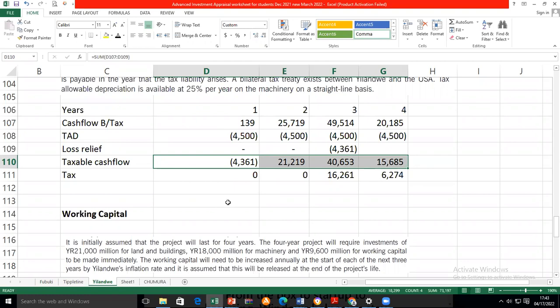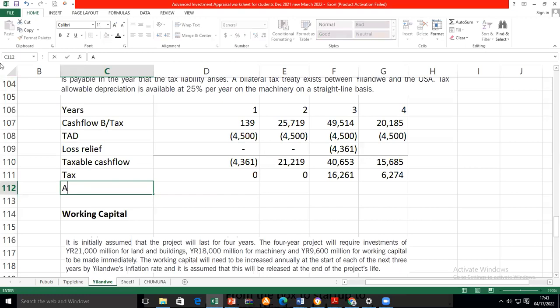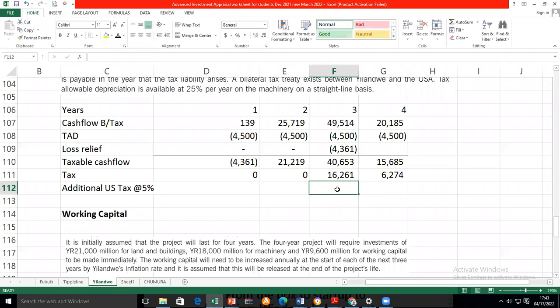Okay, so maybe you can show us, Mr. P, because these questions are intertwined. Additional US tax at 5%. So it would have been here. So these would have been the taxes. Then you bring in the exchange rates.